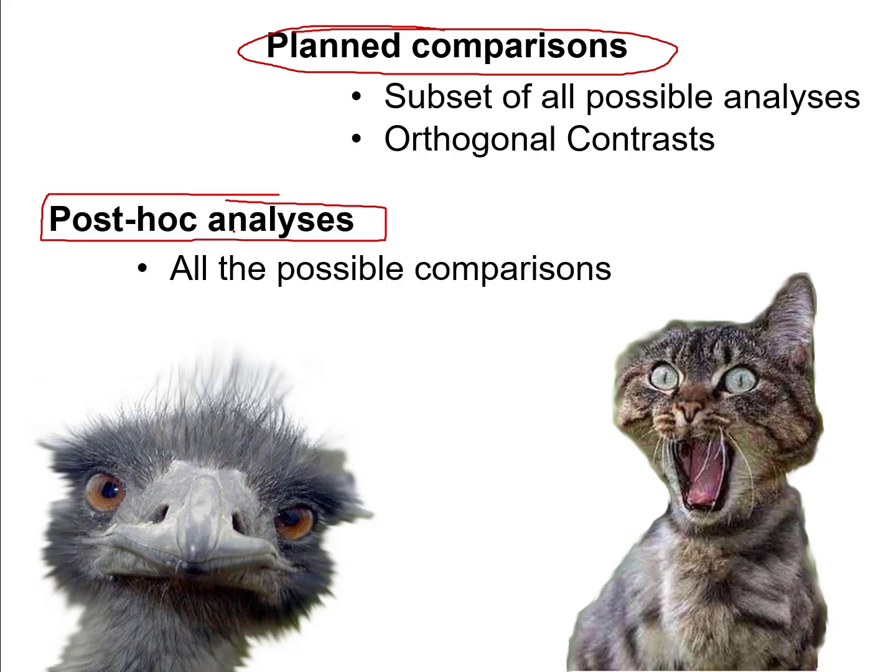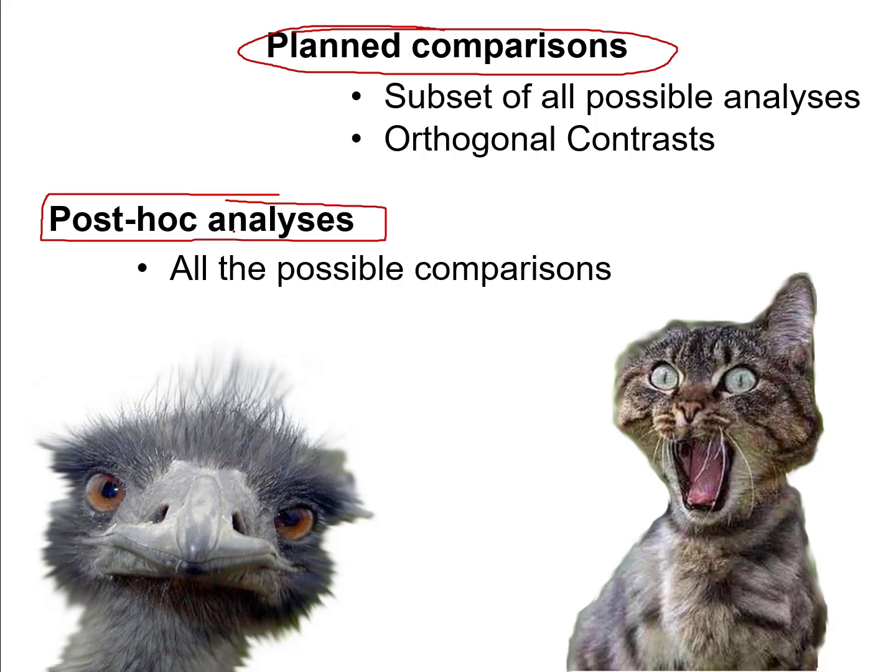For example, the number of contrasts we can make is equal to the number of groups minus 1. So we are only going to analyze a subset of all the possible contrasts, and we cannot analyze every possible contrast. Orthogonal contrasts are a type of planned comparisons.